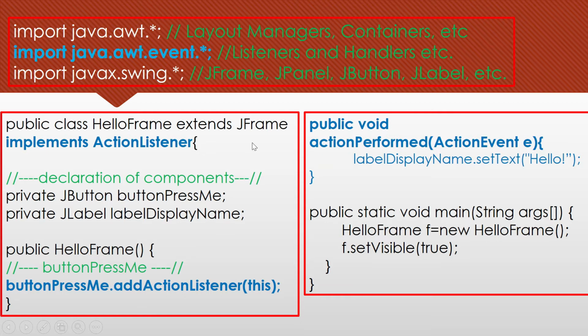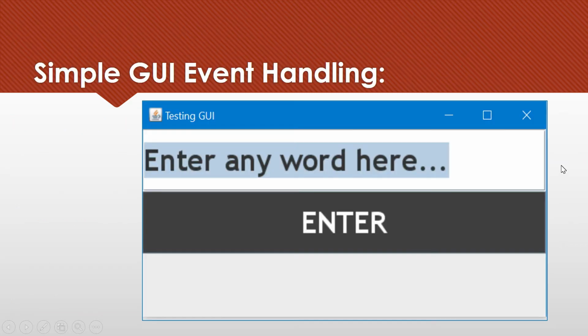ActionListener's corresponding handler method is public void actionPerformed(ActionEvent e). And then the function is, once the button is clicked, the label display name will be set to the text Hello. So let's have a coding demonstration for this one.